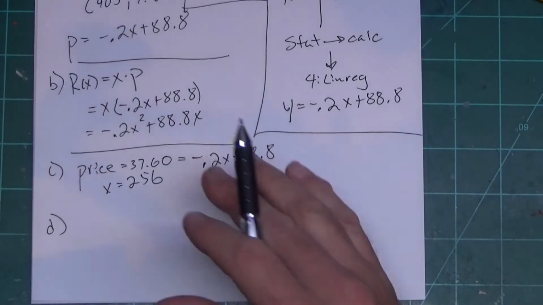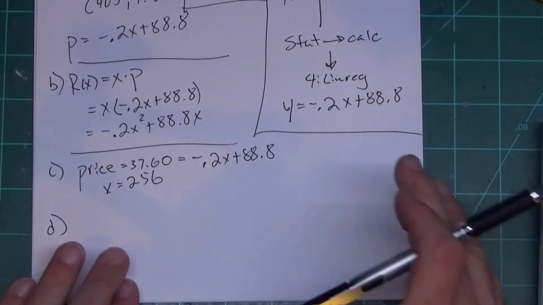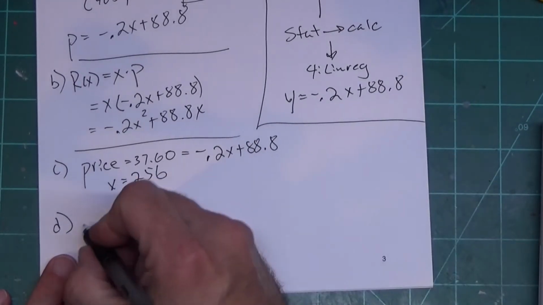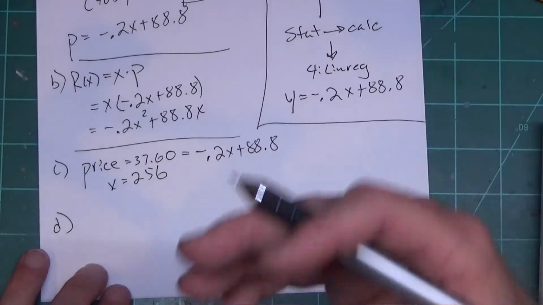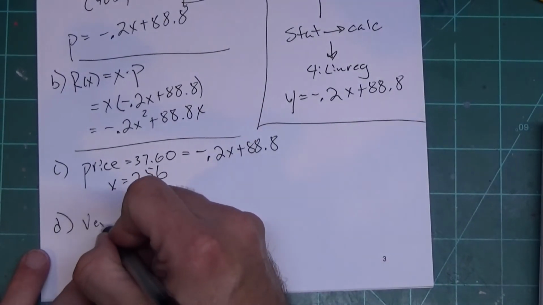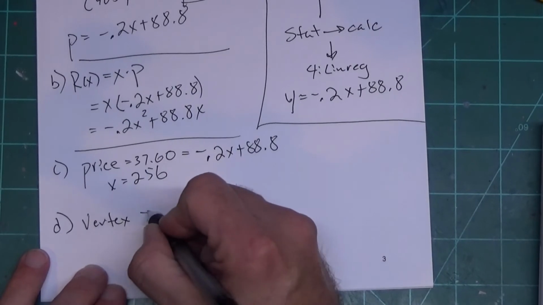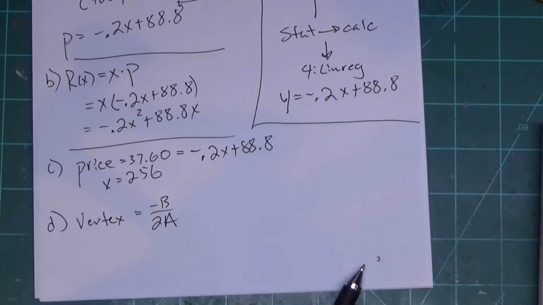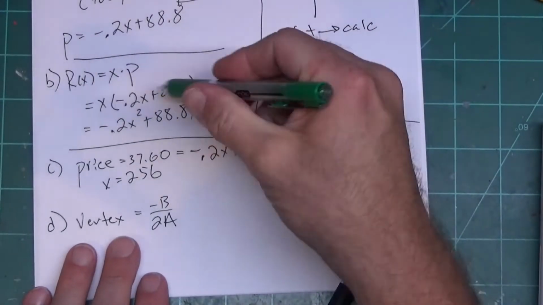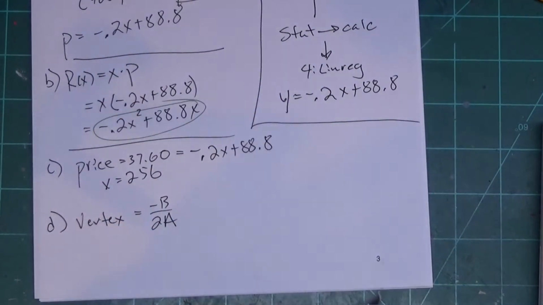Part D, I want to find the number of units to maximize revenue. Okay, that's not too hard. We're not in calculus, but it's a quadratic, and the vertex is at negative b over 2a. Now we're working off revenue, so I have to work off these right here.